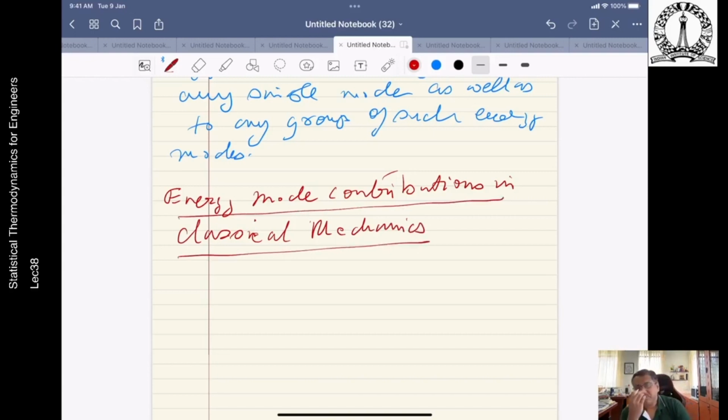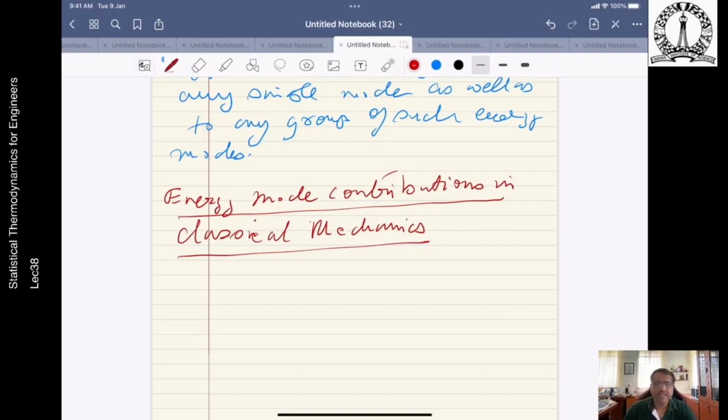We consider the classical contributions from various energy modes to the macroscopic internal energy and heat capacity. Our eventual goal is to compare the classical and quantum allocations from each of the translational, rotational, and vibrational modes.